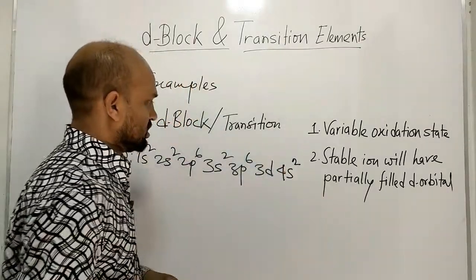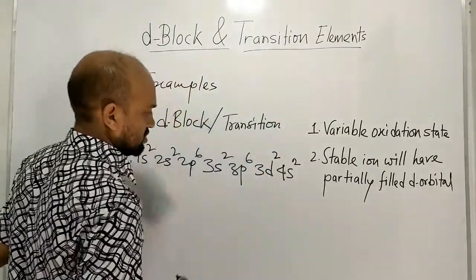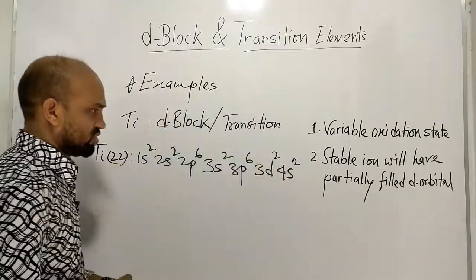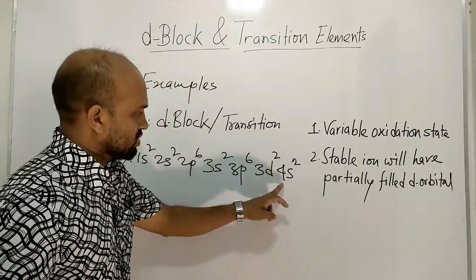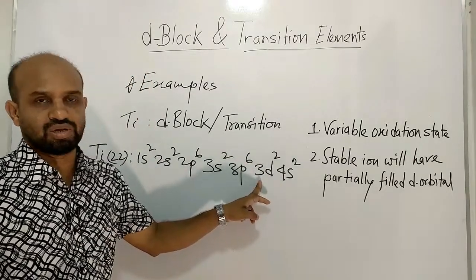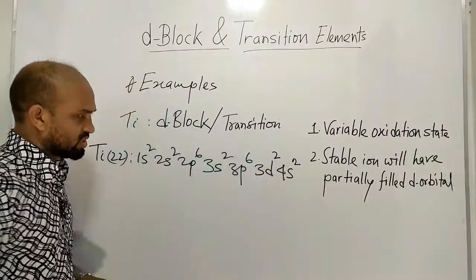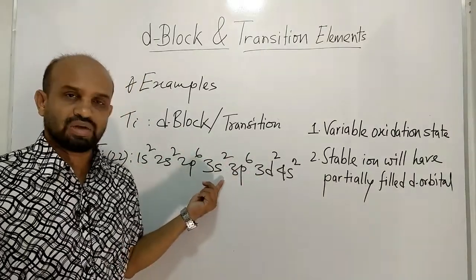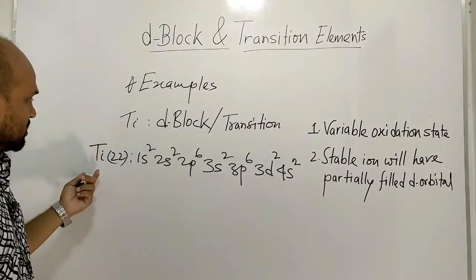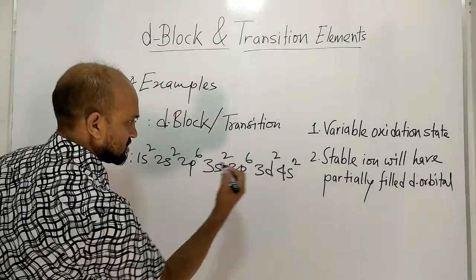Here 2 and last 2 electrons enter d orbital because 4s is a lower energy orbital than 3d. That is why in the 4s orbital electron will enter first and then electron will enter 3d orbital. But it is written, the orbitals of an energy level are written side by side to avoid mistake. So this is a kind of D-block element because last electron enters d orbital.